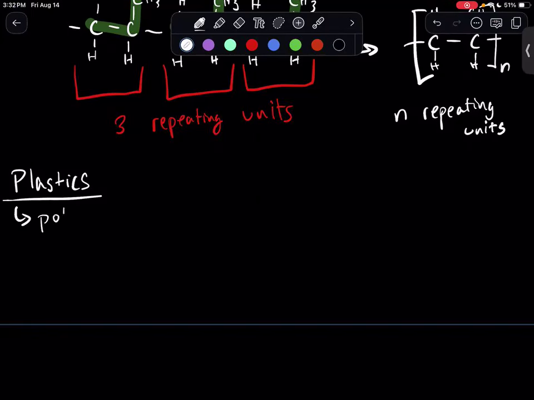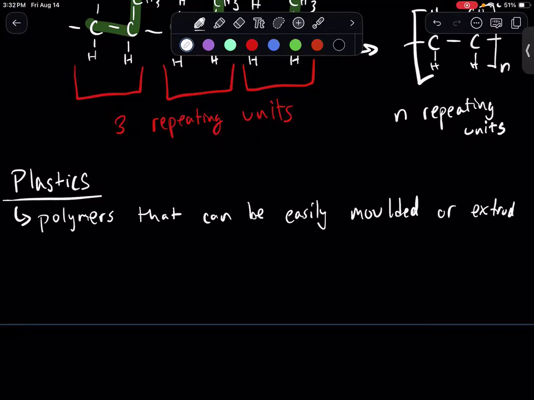Plastics generally refer to polymers that can be easily molded or extruded.